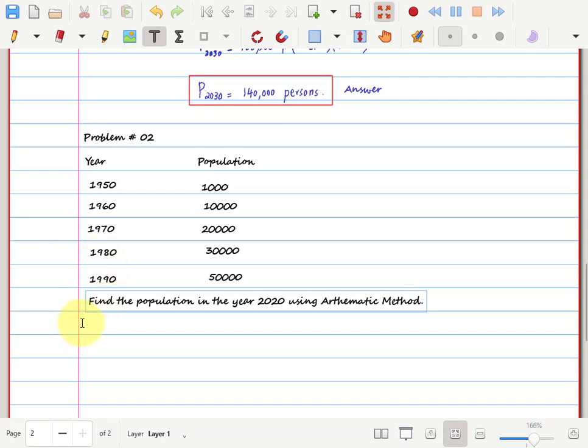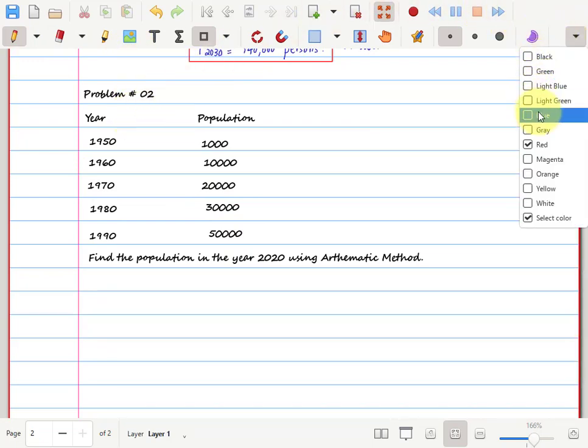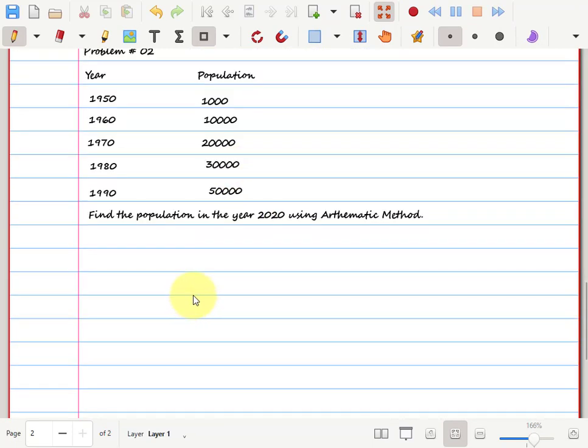Okay, so we can easily find it because we already know the formula to find out the population by using arithmetic methods, right? So what was the formula?